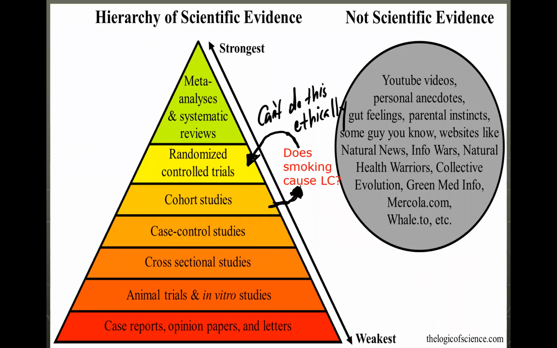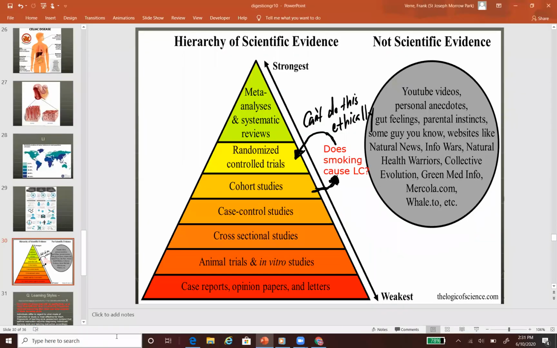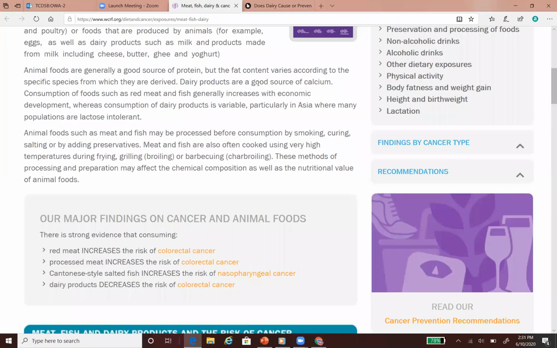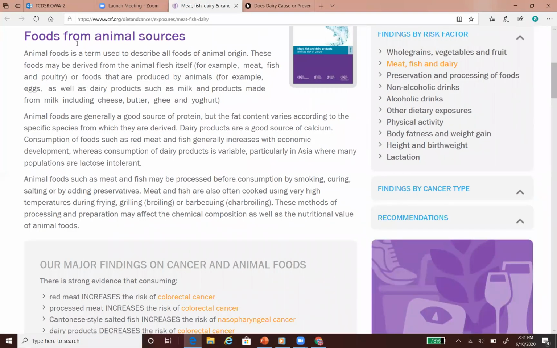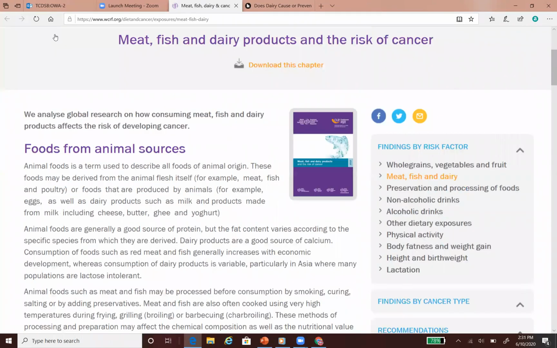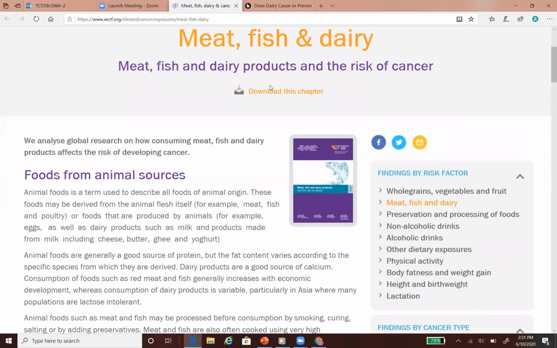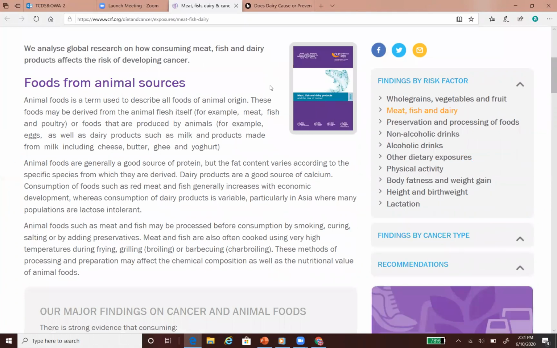A meta-analysis is when you look at lots of studies to see what the overall scientific truth is. So let me show you what I mean by that. If we want to know whether eating certain things causes cancer, like eating meat, eating fish, eating dairy, you don't want to necessarily look at one study.